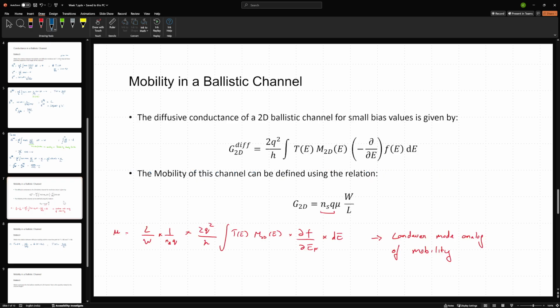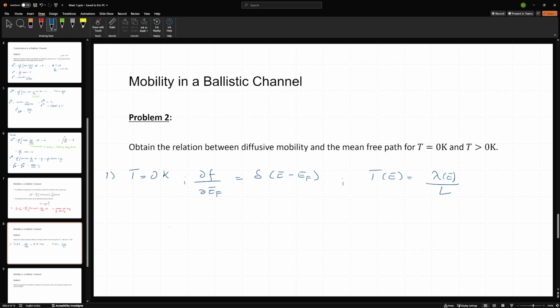Over here we can readily see that the L and L terms are going to get cancelled. So what are we left with?